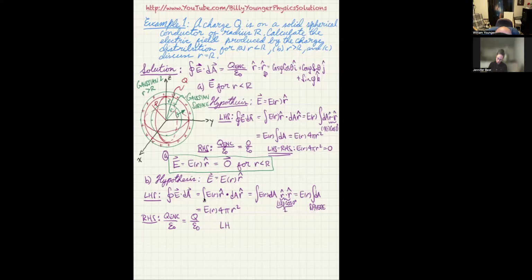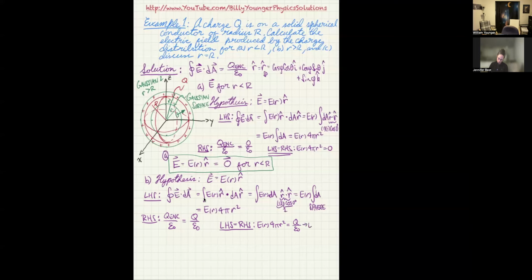Now I'm going to say left-hand side equals right-hand side. And with that, I get E of r times 4 pi r squared is equal to Q over epsilon naught.